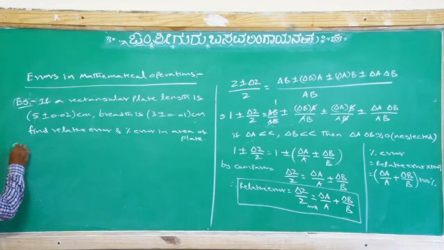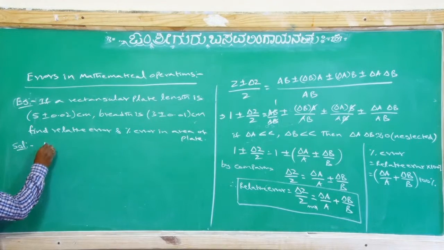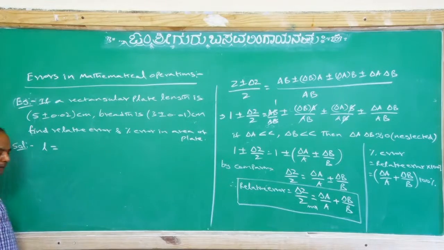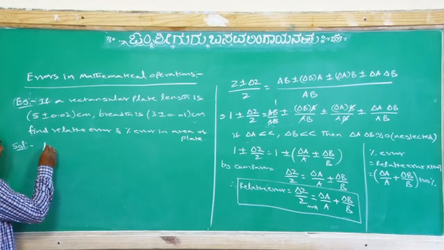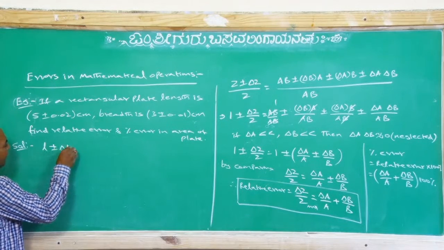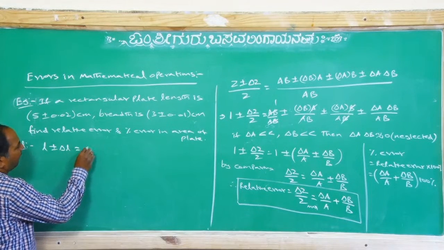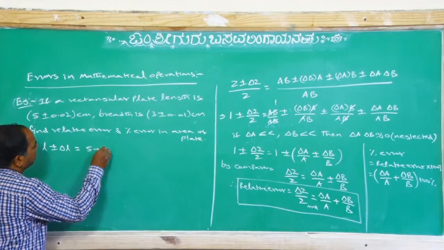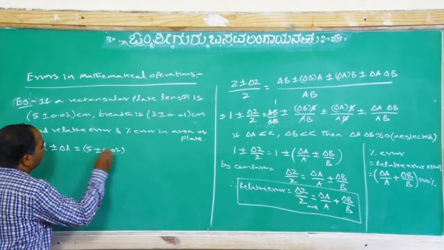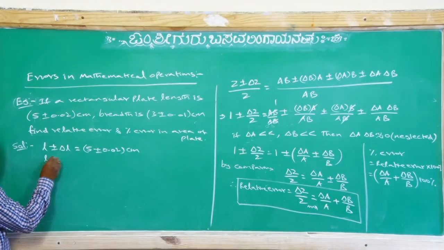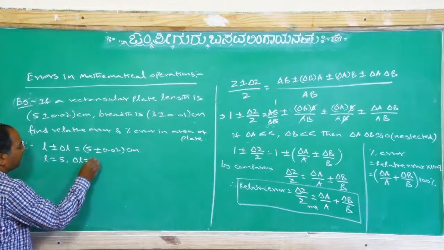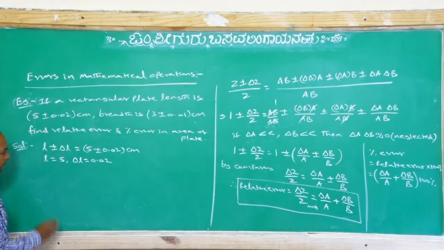Here, solution. First, length: L plus or minus delta L is equal to 5 plus or minus 0.02 centimeter. So delta L is 0.02.